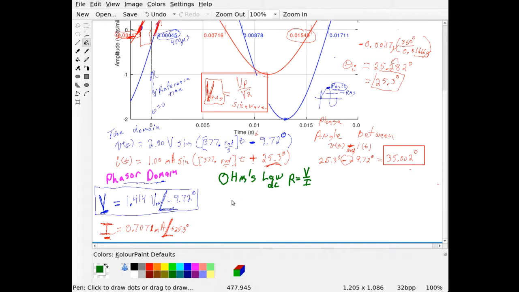And so for AC circuits, we have a new term here. Over here we have resistance, and resistance doesn't change. But we have a new letter we're going to use, Z, for impedance.